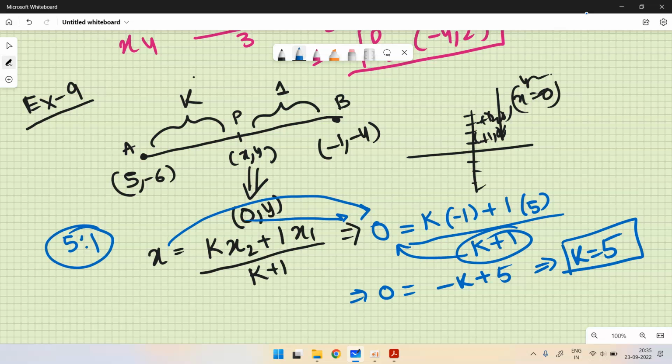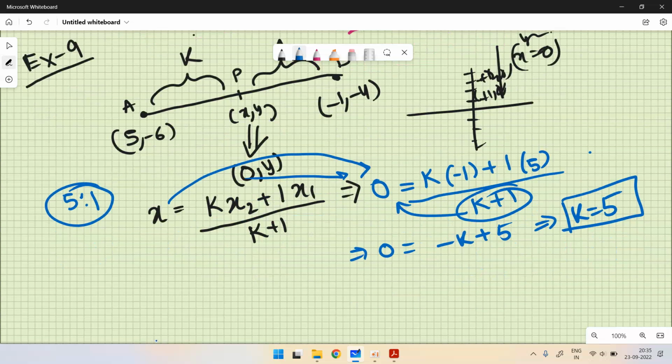Now you need to also find the coordinates of point P. You only have one coordinate, that is x. You need to find the value of y. Now you know the value of k, so substitute in the formula: y is equal to (k y2 plus 1 into y1) by (k plus 1).